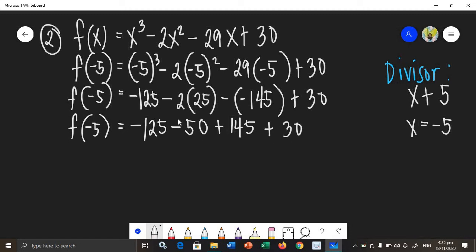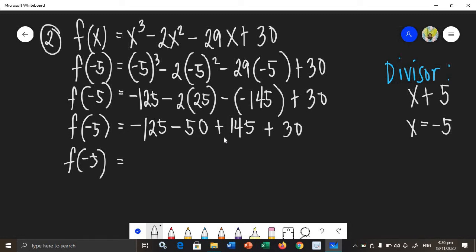Okay, now here for us to be able to compute the remainder, just continuously solve for this. So, negative 125 minus 50, the answer is negative 175.